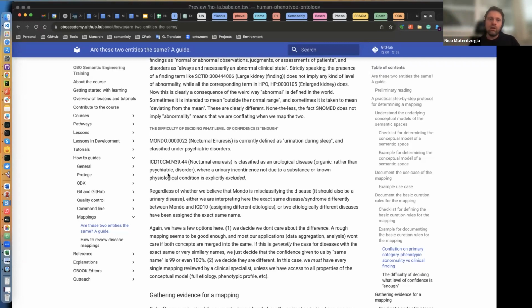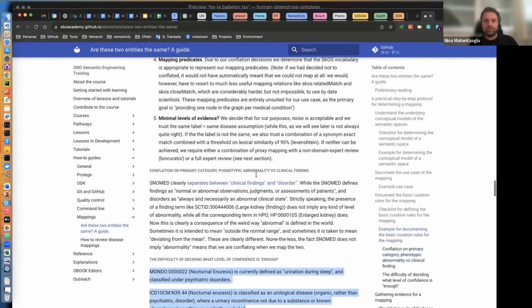This is what it is right now, and it's classified under psychiatric disorders, while in ICD-10 we have a term with the same exact name that's classified as a urological disease, which is explicitly organic, where it says that only physiological conditions are accepted, and if there's not a known physiological condition, then this is not applicable. So you see, if you're making a conflation decision, you also decide that this kind of thing, you will probably not even ever see.